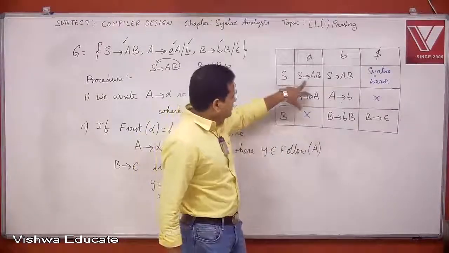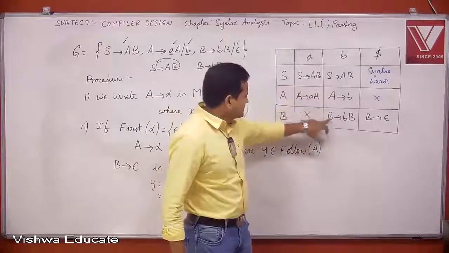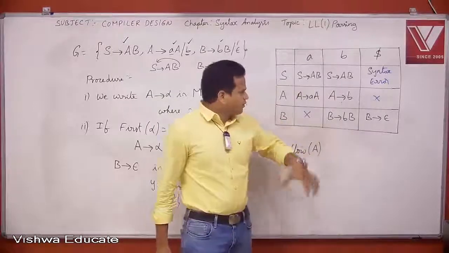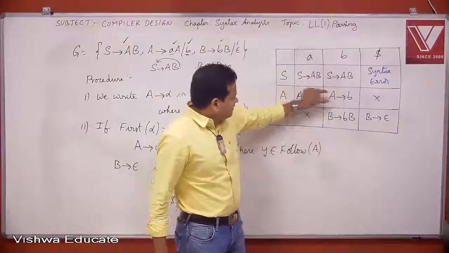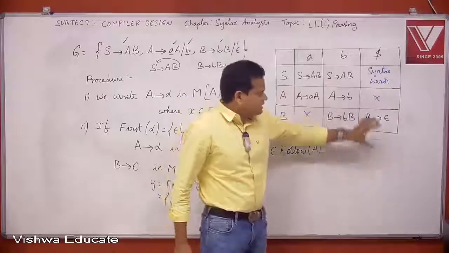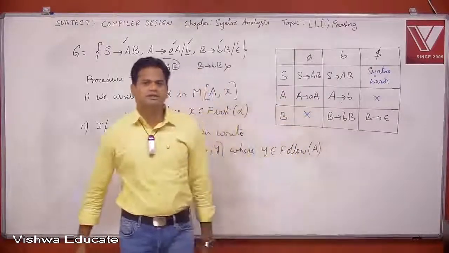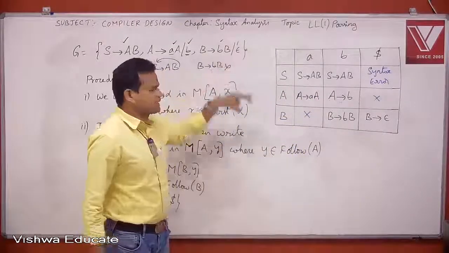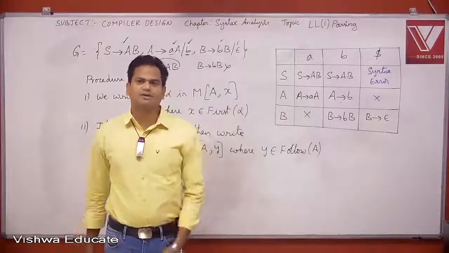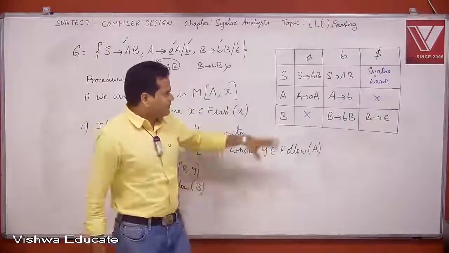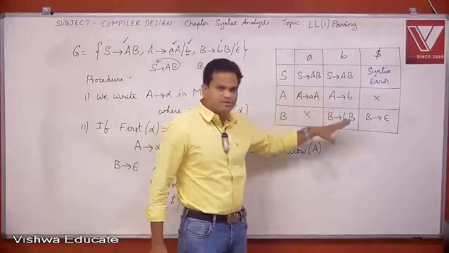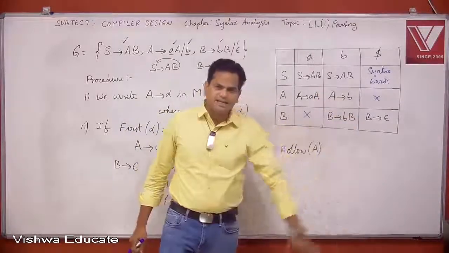Wherever we have filled, here and here and here, in all these spaces, if we made only one entry, then we call that grammar LL(1) grammar. I repeat, wherever we have filled, if all those are single, then the grammar is LL(1).